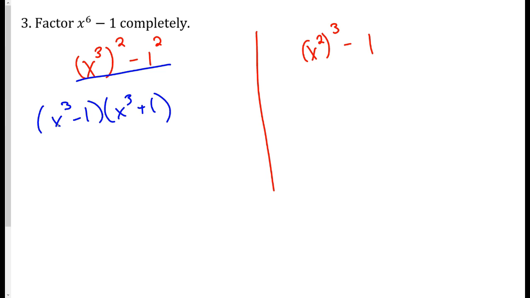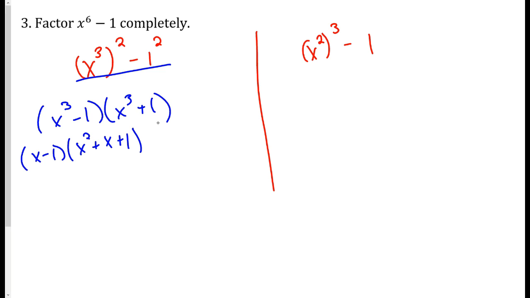Now I have x cubed minus 1 times x cubed plus 1. That's the difference of perfect cubes, and that's the sum of perfect cubes. So x cubed minus 1 factors into x minus 1 times x squared plus 1 times x, which is x, plus 1 squared, which is 1.